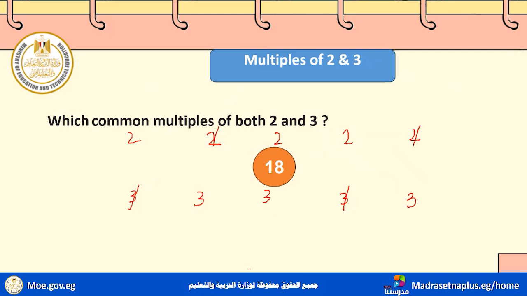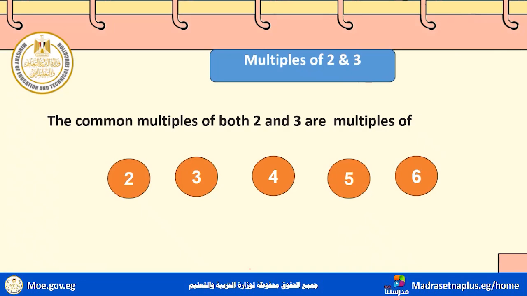We cancel 10 because 10 is a multiple of 2 only. What about 18? Yes, our best answer for this question is 18. So 18 is a multiple of 2 and 18 is a multiple of 3. So 18 is a common multiple of both 2 and 3.